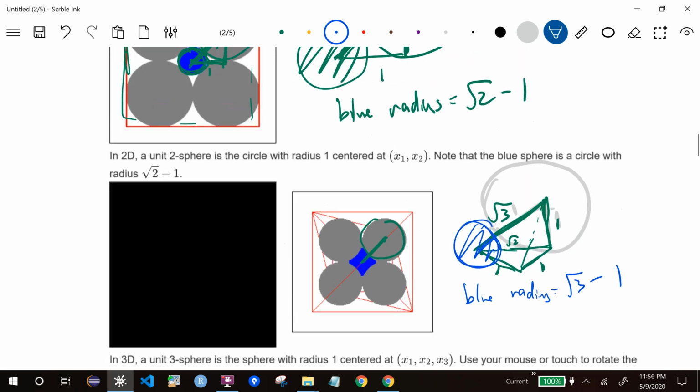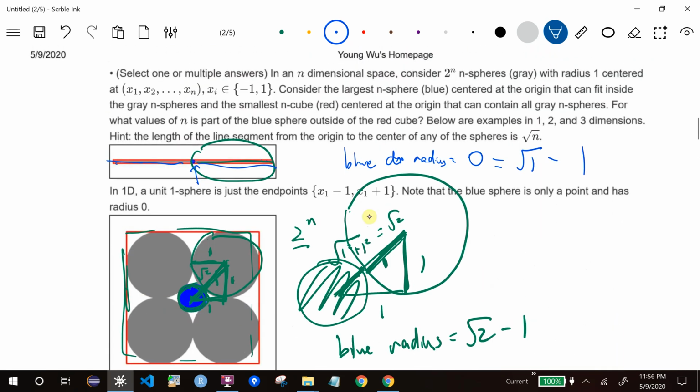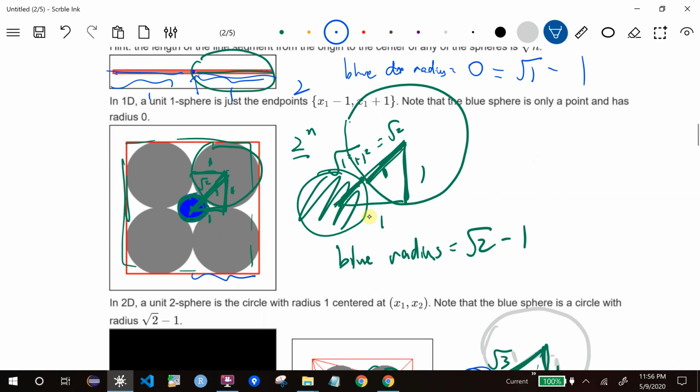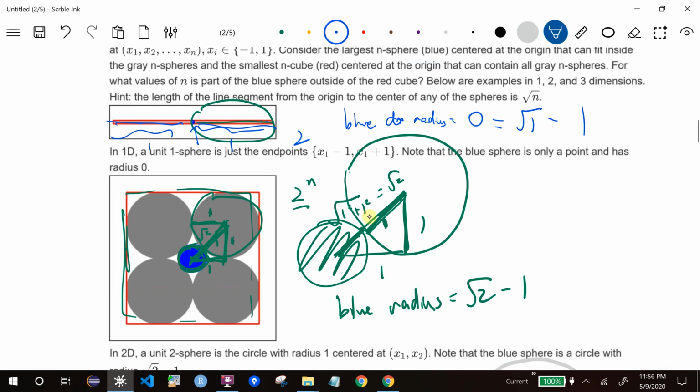Now let's look at the boxes. So in 1D, the box size is, this is 1, this is 1, so it's 2. In 2D, this is also, this is 1, this is 2, this is 4. I think I'm getting it wrong. So the radius here is 1, so half of it is actually 2. And here, the other half of it is also 2. So basically, the box size is 4.